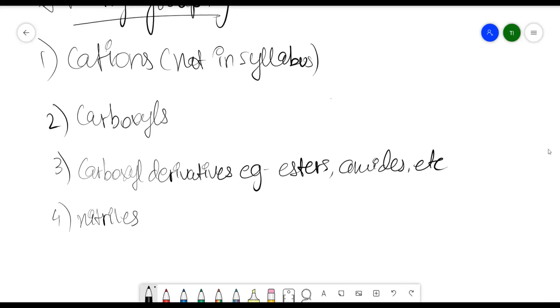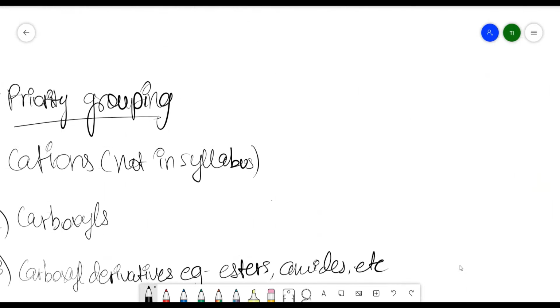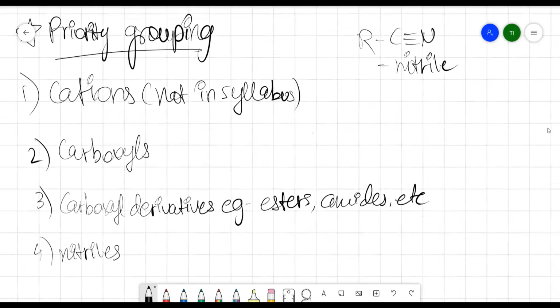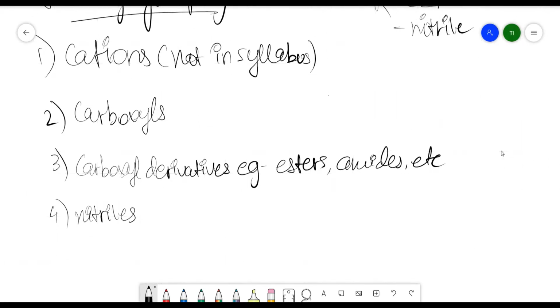So what are nitriles, you may be asking? Well, nitriles are also another functional group. I believe it's a primary functional group, and it's when there's a C triple bond and there's an R, and the ending name is nitrile. So that's a functional group that we forgot to cover.